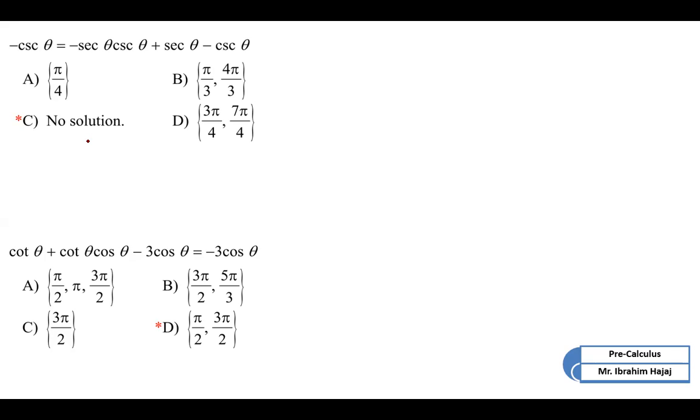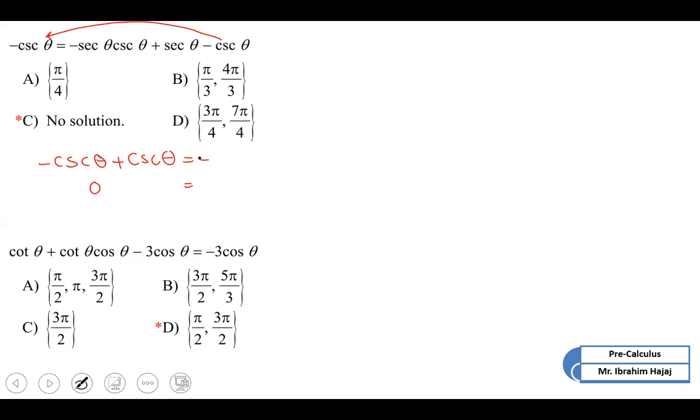Negative cosecant theta equals, on the right-hand side, negative secant theta cosecant theta plus secant theta minus cosecant theta. What should we do here? We take the cosecant to the other side, so it will be positive cosecant theta, and the left side is 0.